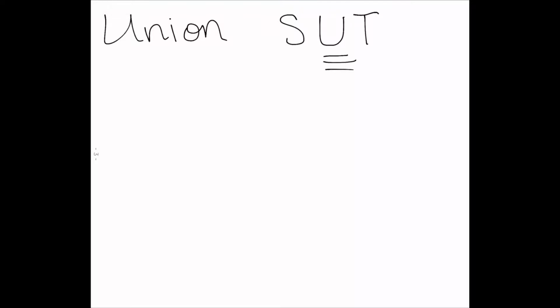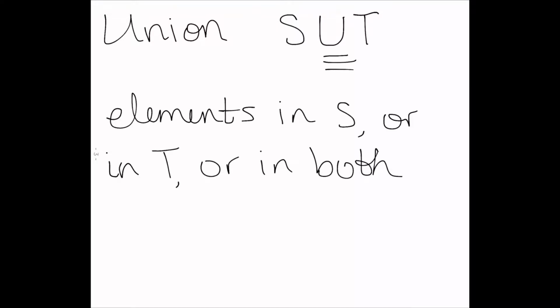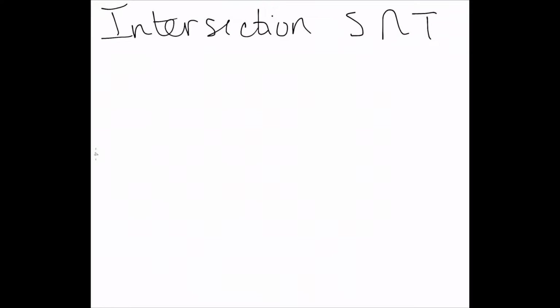There are two different ways that we're going to look at to combine these sets. The first is called the union. If I have sets S and T, their union is denoted by this symbol that kind of looks like a U. These are the elements that are in set S, or in set T, or in both. The other way that we'll look at combining them is called the intersection.